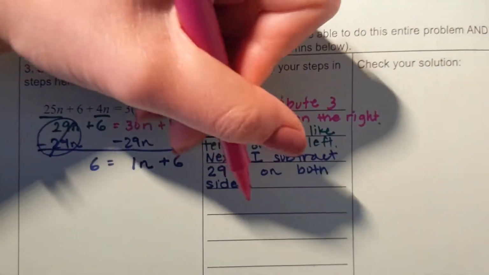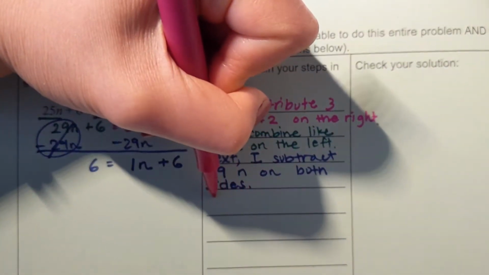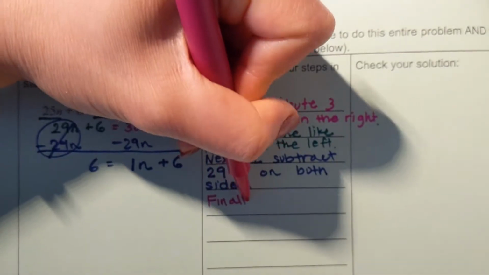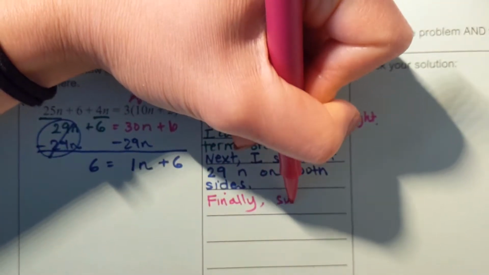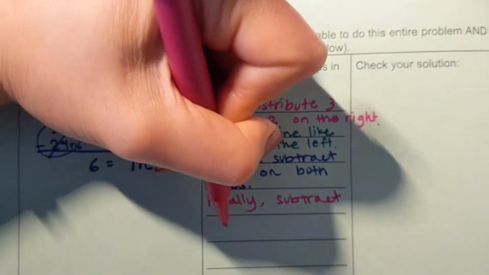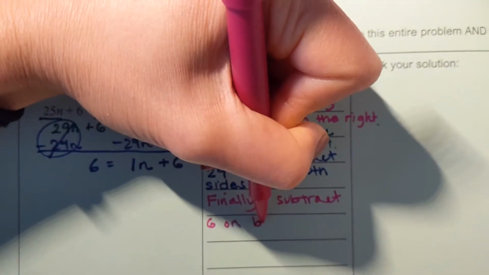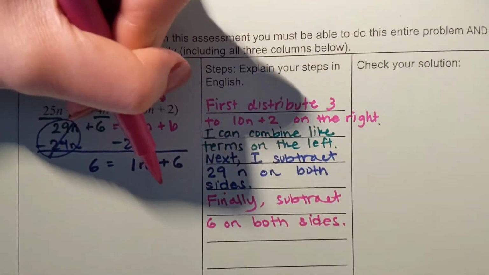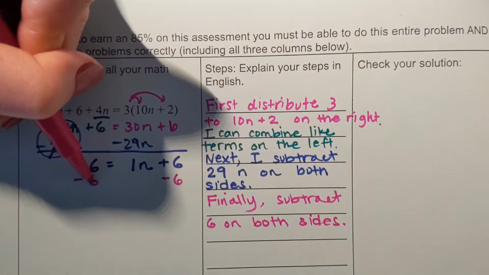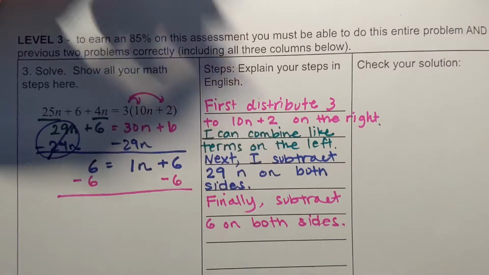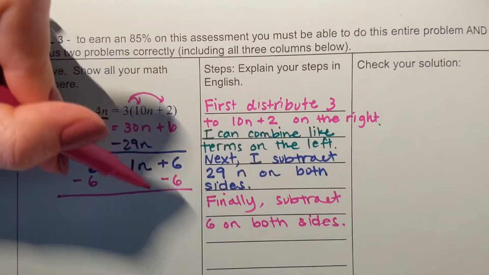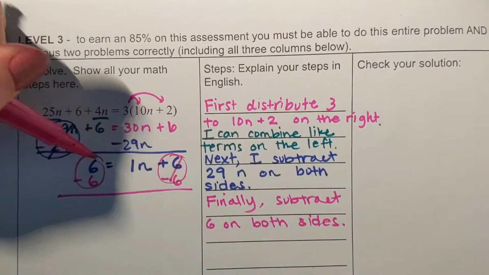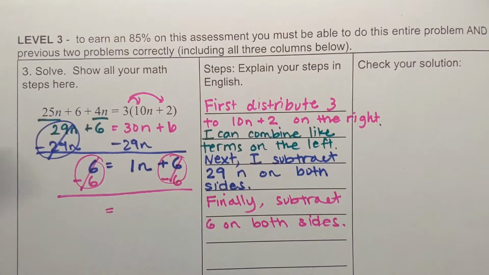So the last thing we're going to do, finally, subtract 6 on both sides. Minus 6, minus 6. Normally when we see opposites, we do cross them out, but we want to recognize what's left when I do that.